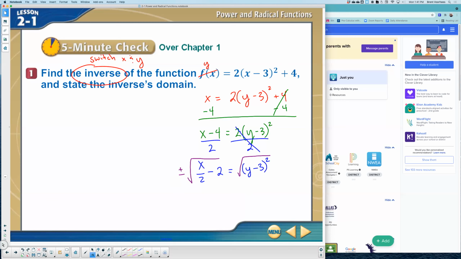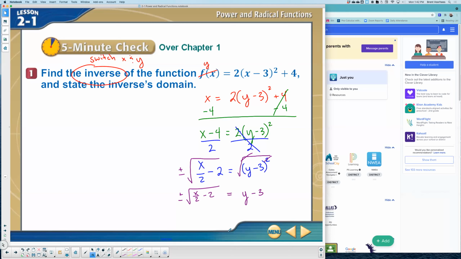Plus or minus. Little known algebra rule, but very important. So now we have plus or minus the square root of x divided by 2 minus 2 equaling y minus 3.